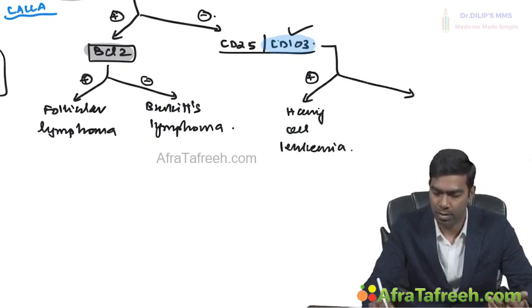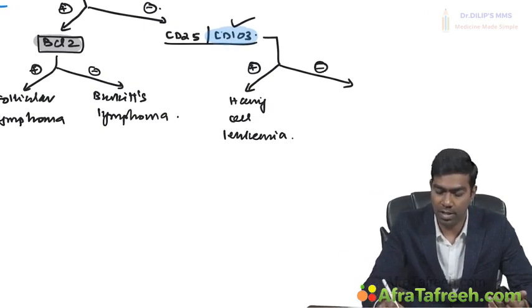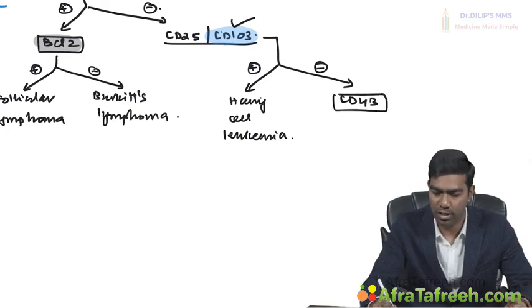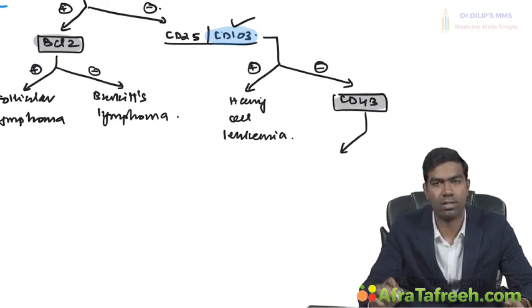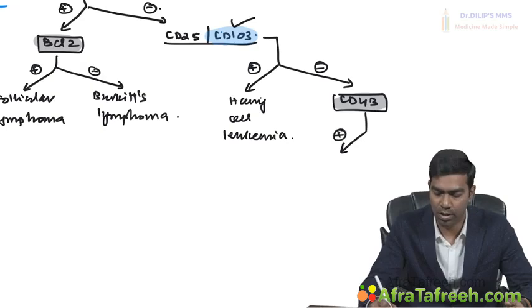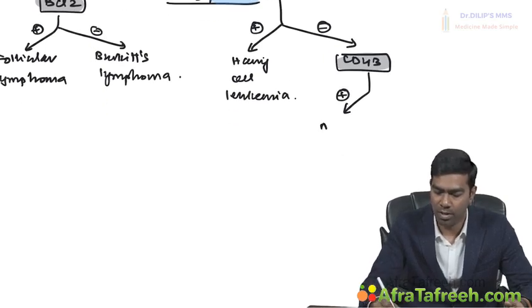Hairy cell leukemia. And if CD25 and CD103 is negative, then you can do CD43 testing. It's a very important marker. CD43 is a marker of marginal zone cells. Very important, which I have discussed already. So if CD43 is positive, it goes typically towards a marginal zone lymphoma.